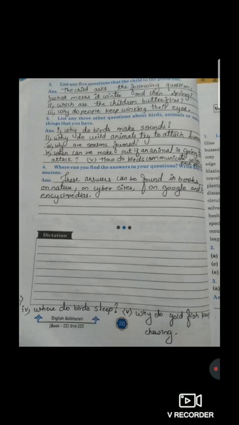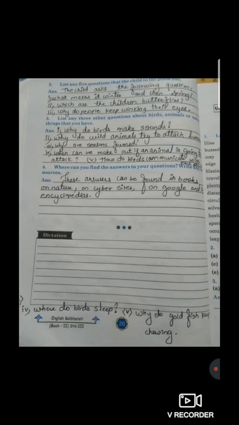Where can you find the answers to your questions? Write any 2 sources. So students, if we have any questions, or we can say if you have any doubt, where are we going to find our answer? Let's see.